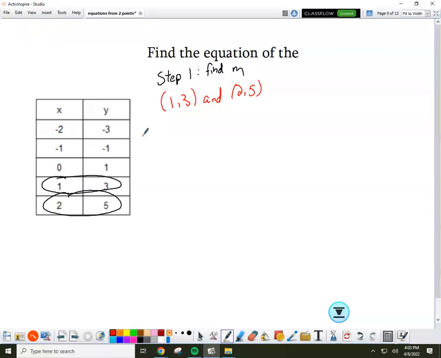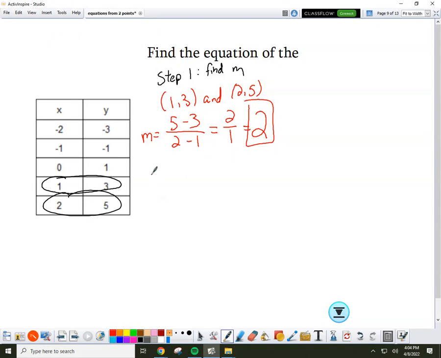We're going to plug them into our slope formula. So we're going to get 5 minus 3 over 2 minus 1. 5 minus 3 will give us 2. 2 minus 1 will give us 1. And then 2 over 1, we can simplify that. And that's just going to give us a 2. So my m equals 2.